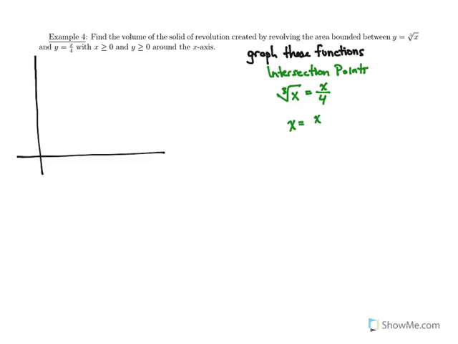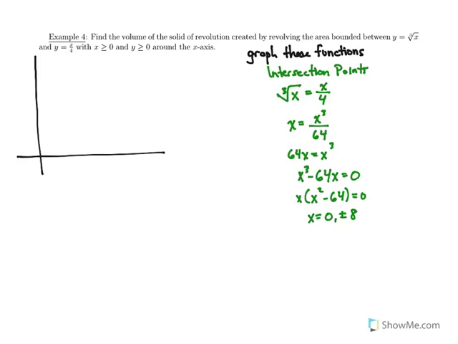It'll give us x cubed over 64 equals x. So x cubed equals 64x. Bring everything to one side: x cubed minus 64x equals 0. Factor out x: x times x squared minus 64. And we get x is equal to 0 and positive or negative 8.